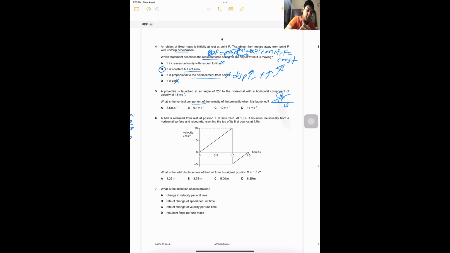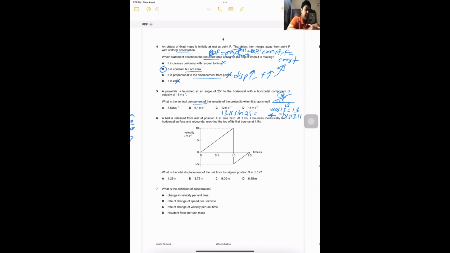So v cos 25 is equal to 13, or v is just 13 divided by cos 25, which is 13.11. Then use it to find the vertical component, which is v sine 25, which is 13.11 sine 25. Wait 1 minute. 13 divided by cos 25.